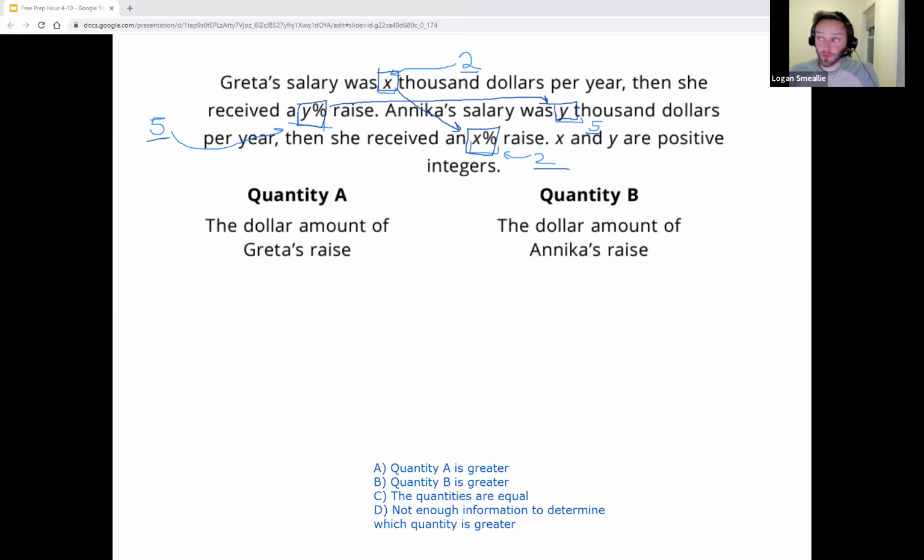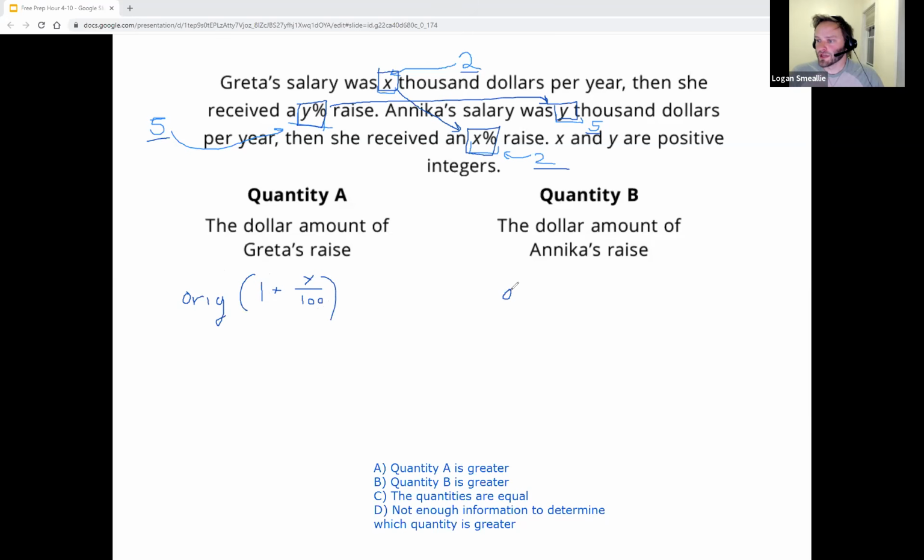I'll try to show quickly why we keep getting the same thing on both sides. On Greta's side, what we're doing is taking Greta's original times 1 plus Y over 100, right? A Y% raise would be 1 for the starting point plus Y over 100.